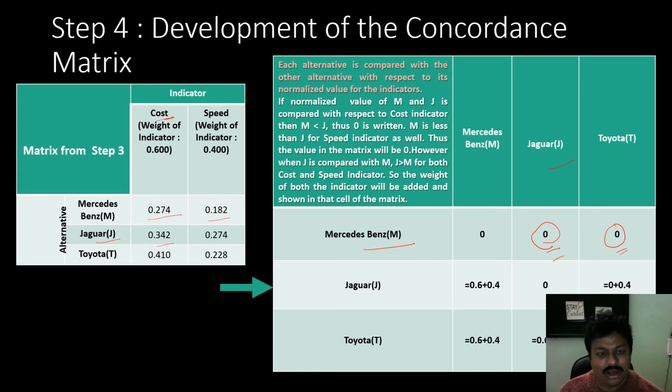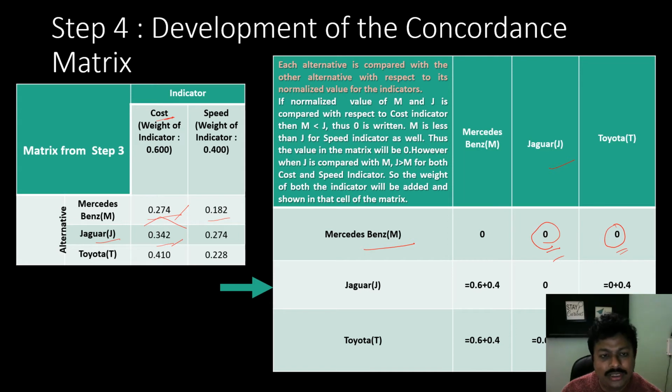The value of Jaguar with respect to Mercedes based on cost is greater. That means the value of Jaguar is 0.342, the value of Mercedes is 0.274, and 0.342 is of course greater than 0.274.